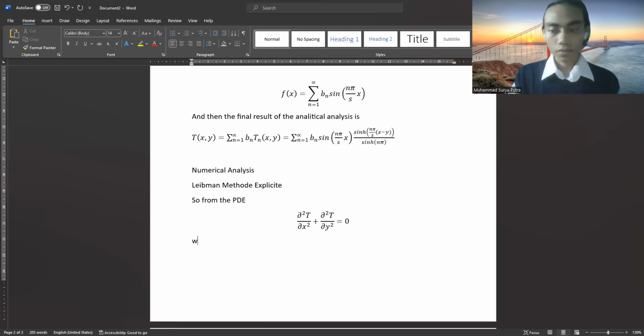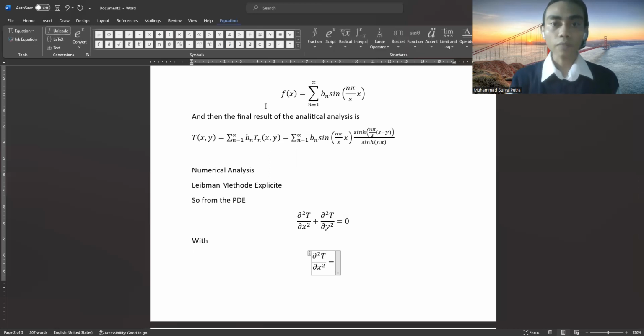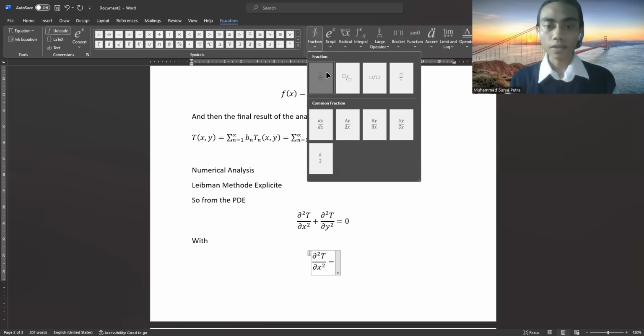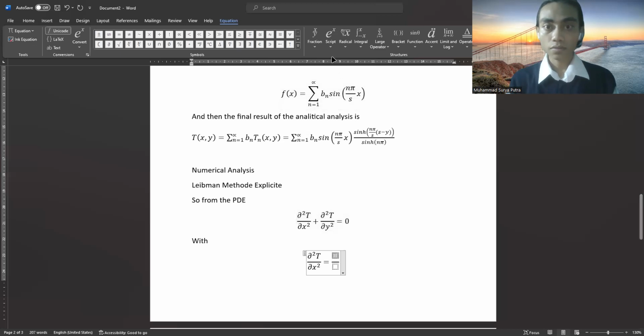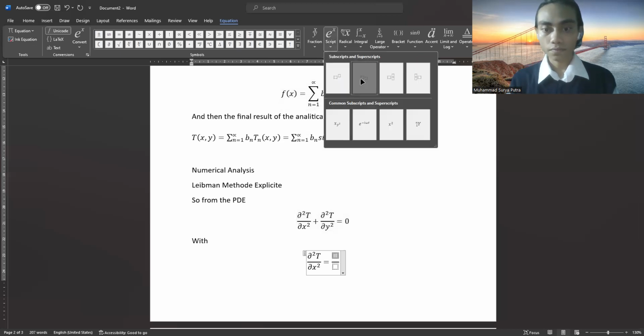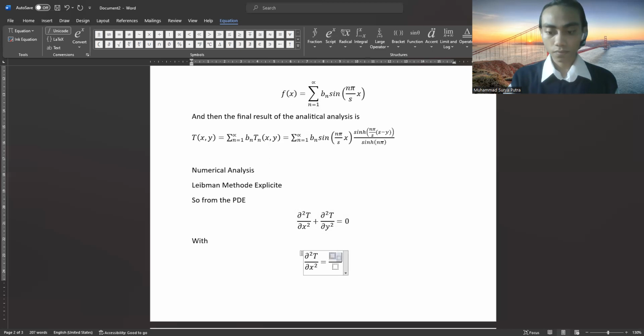with the T equals to, in this, the numerical way, numerical analysis.